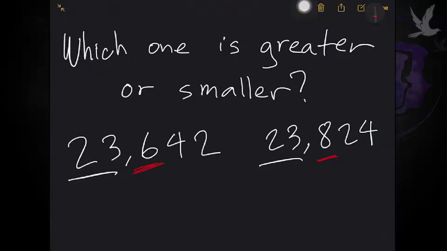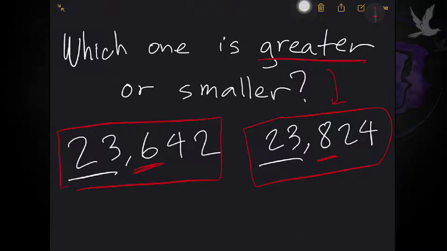They both start the same, but their hundreds places are different. And which is bigger here? Is it 6 or 8? Obviously, 8 is bigger than 6. So we can say now that this number here is greater, while this number here is smaller.